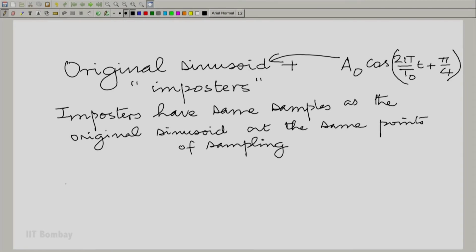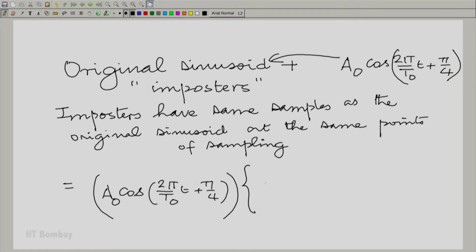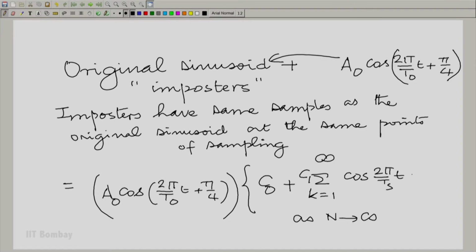When you add these, you get the original sinusoid multiplied by a combination of a constant, let us say some C0 plus summation k going from 1 to infinity as n grows larger, some constant. In fact, they had the same constant all over. So, this is interesting. We came to this conclusion in the 7th session.